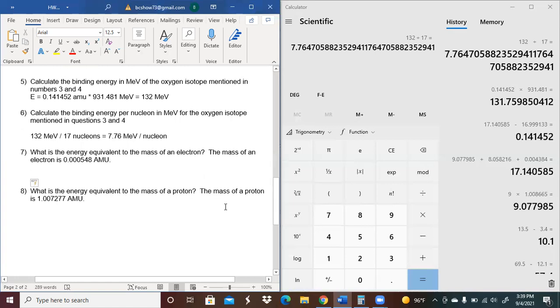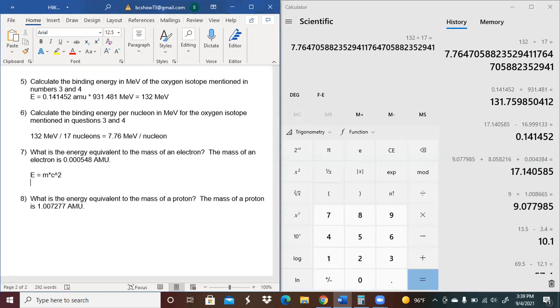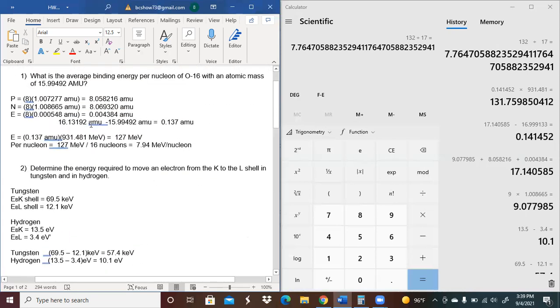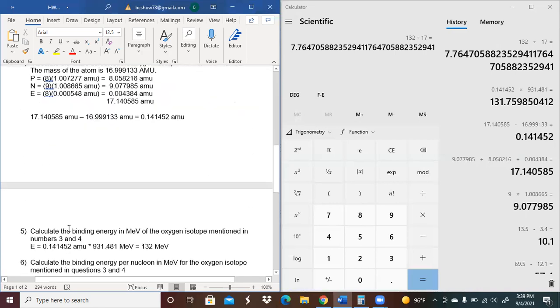All right, so now let's take a look here at problems 7 and 8. What is the energy equivalent to the mass of an electron? Well, how do we convert mass to energy? It's Einstein's famous equation right there. So we know what the mass is. The mass of an electron, in AMU, is 0.000548.